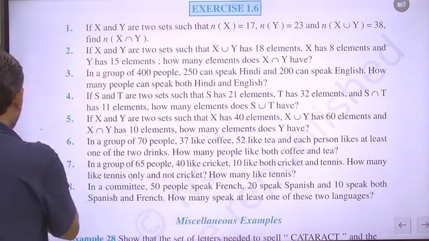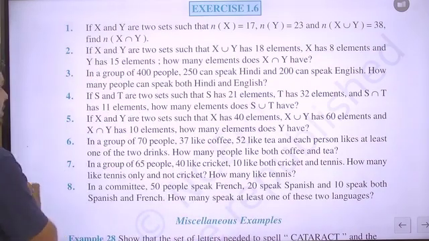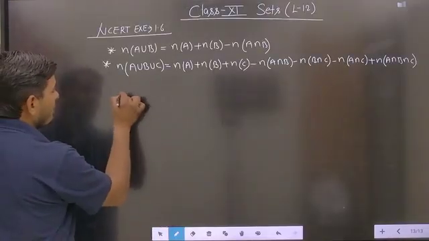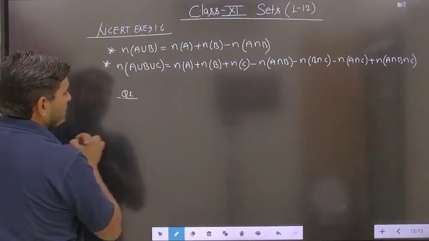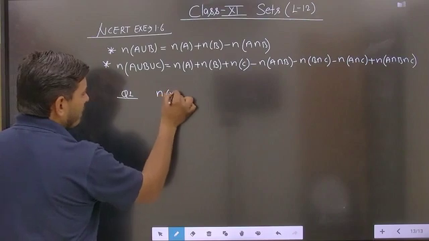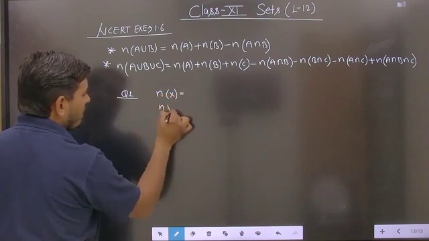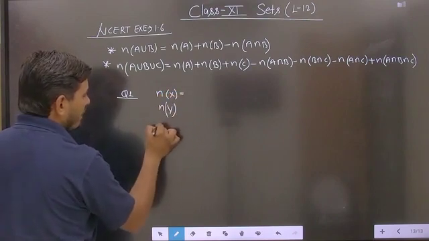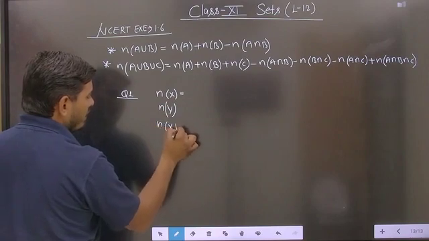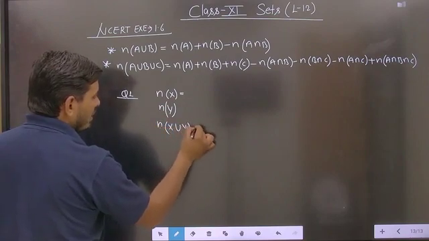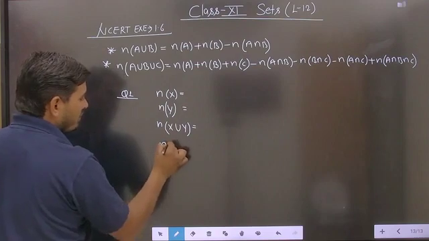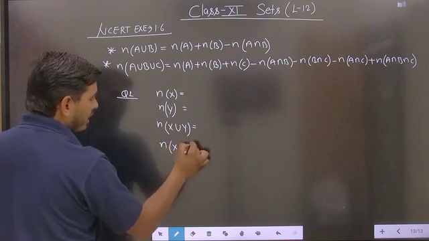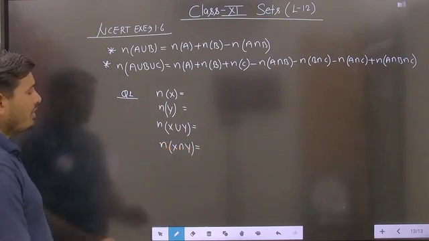So we will simplify this question in a very systematic way. There are two finite sets x and y, where the number of elements in x, the number of elements in y, and the number of elements in x union y are all given, and we just have to calculate n of x intersection y. Is it clear?